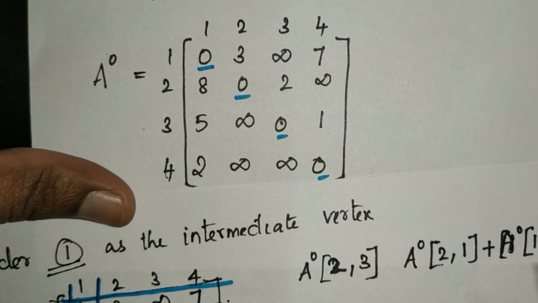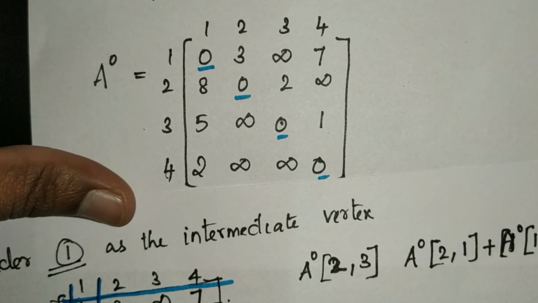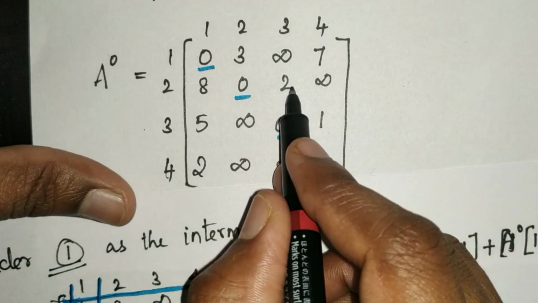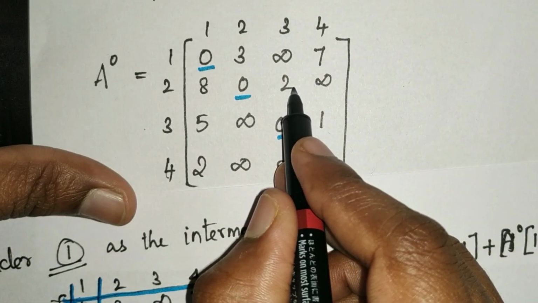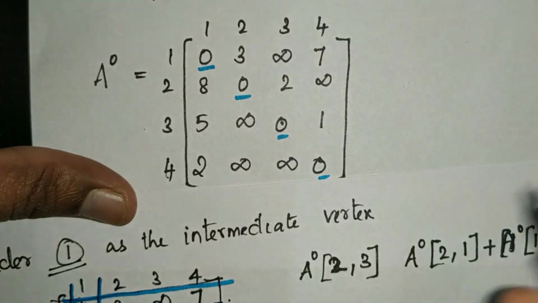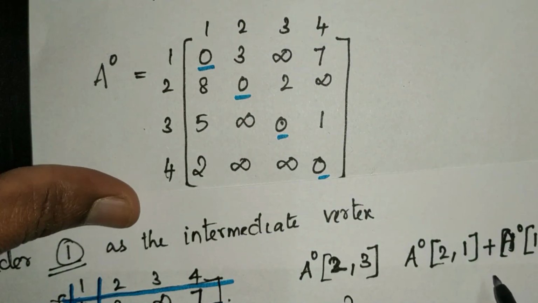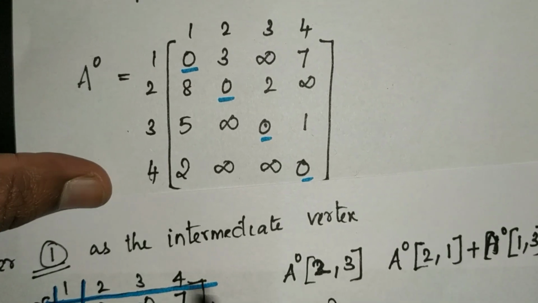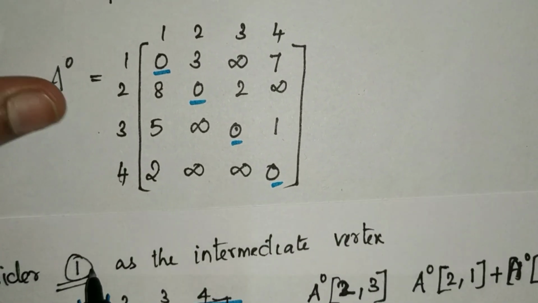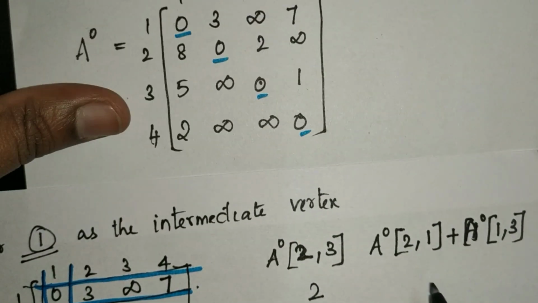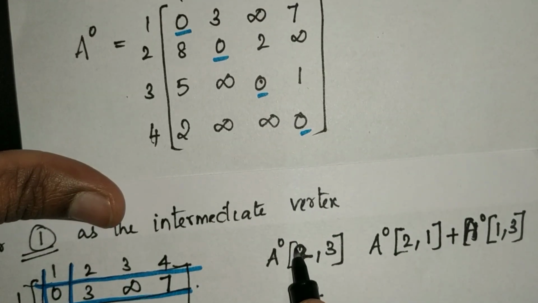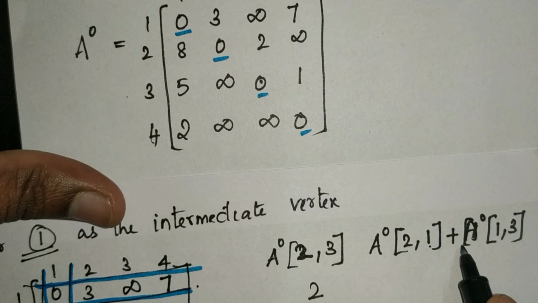To find the value for 2, 3, we take the minimum value whichever is possible. First take A0 of 2, 3, which is 2. And as we are taking 1 as the intermediate vertex, we can also go through 2, 1 plus A0 of 1, 3.